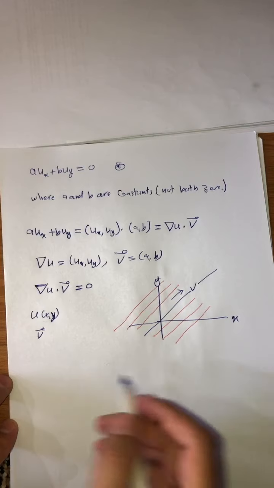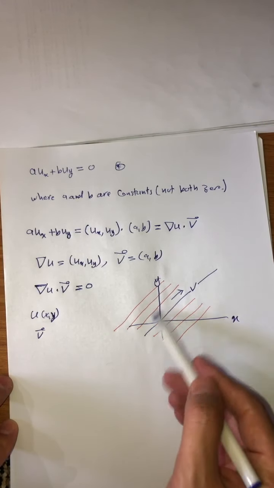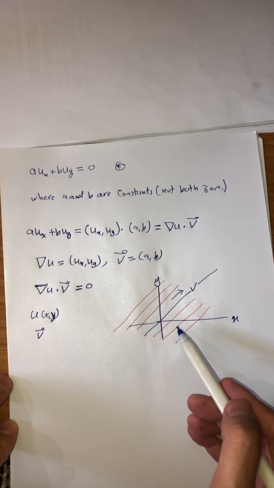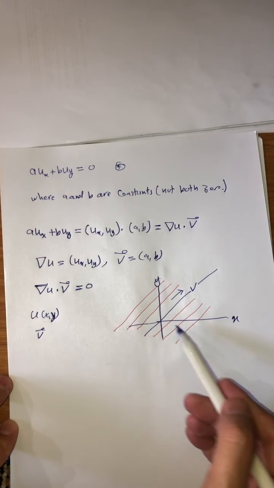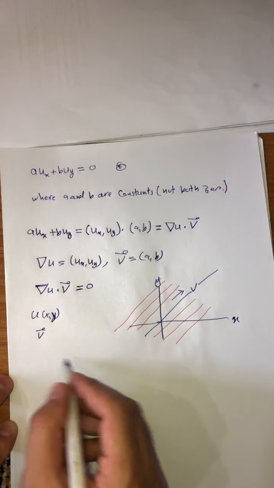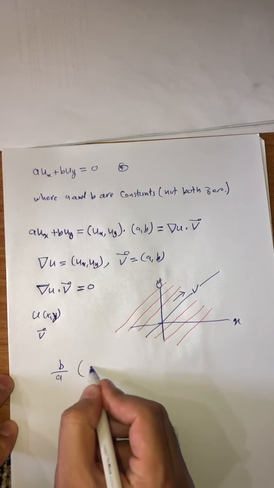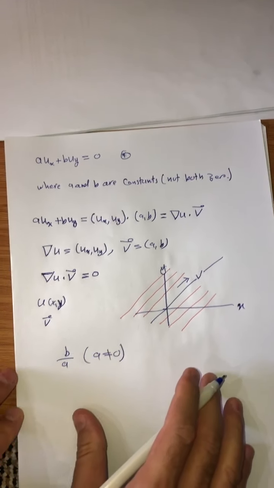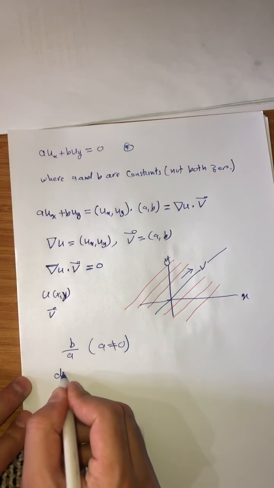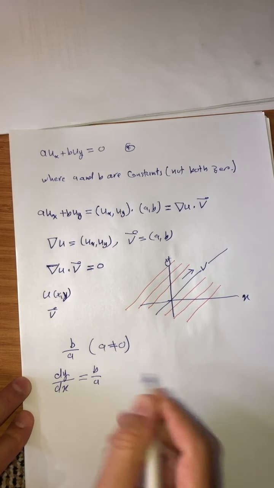It is clear that the slope of the characteristic line is the same as the slope of the vector v, because they are parallel to each other. So the slope of the characteristic line is b over a, where a is not 0. Then the equation of the characteristic line would be dy over dx equals b over a.